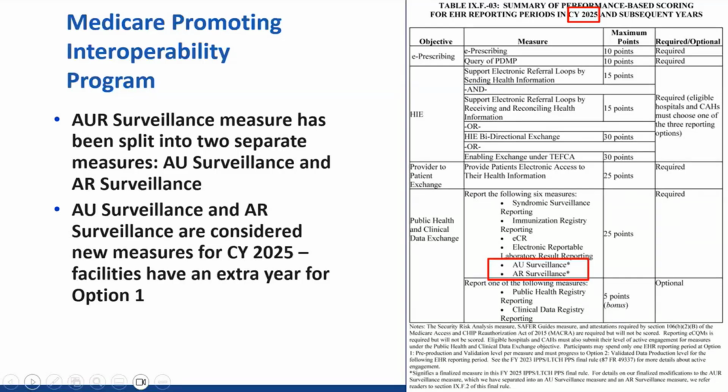Because they are separated, hospitals can be at different levels of active engagement for each measure. So with AU surveillance and AR surveillance, since they are considered new measures for calendar year 2025, facilities do have an extra year for option 1.